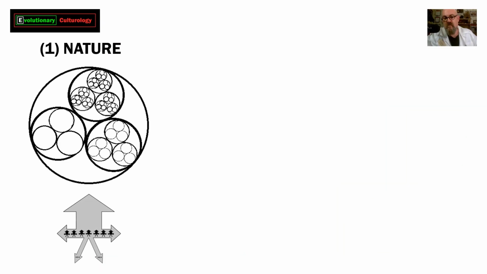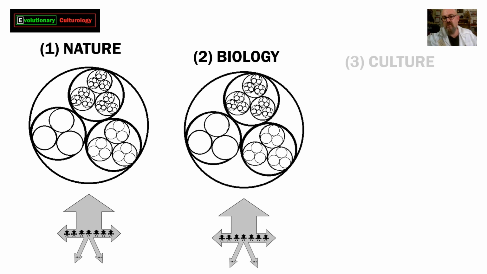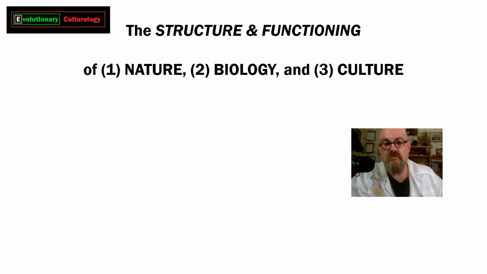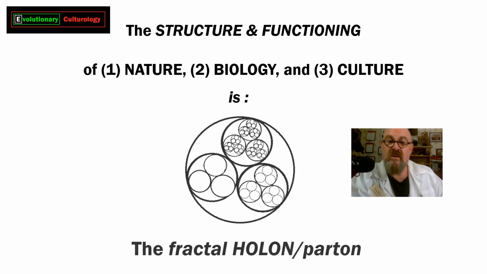So all of nature, all of biology, all of culture are structured and function as fractal Holon partons for the units. In short, the structure and functioning of nature, biology and culture, which includes everything, is the fractal Holon parton.